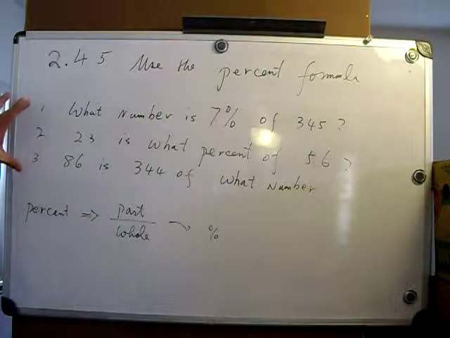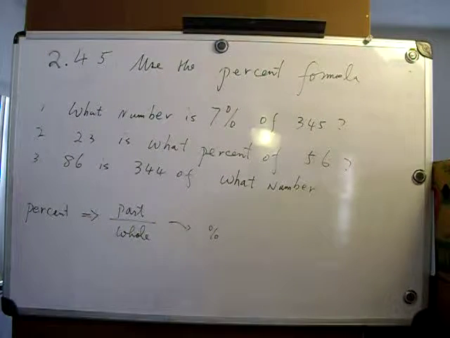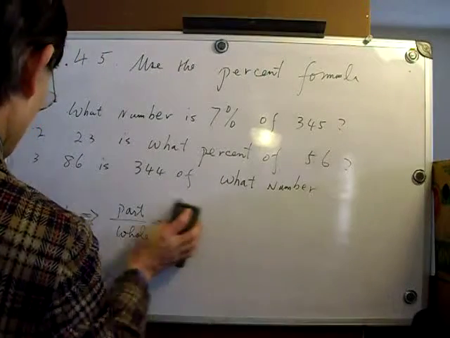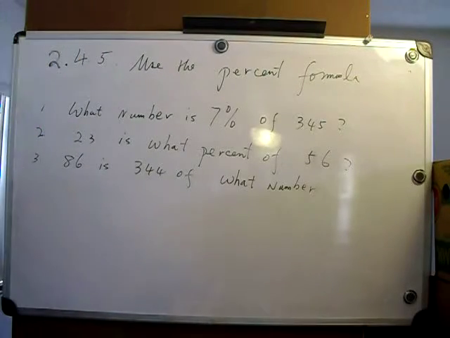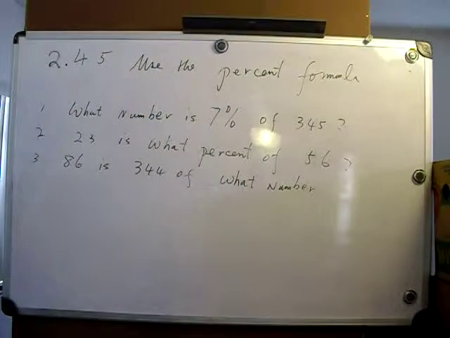We have three types of problems. These are covering almost, I believe, all of the problems you can translate into your equation. So three types of problems, direct translation on your exam. You should be able to translate these types of problems.